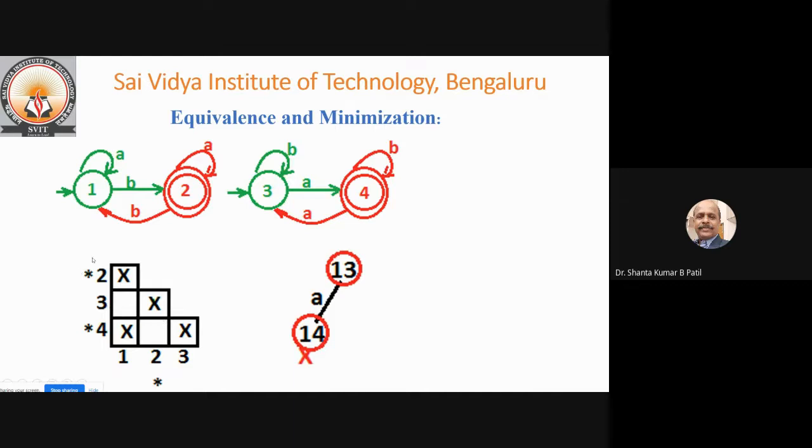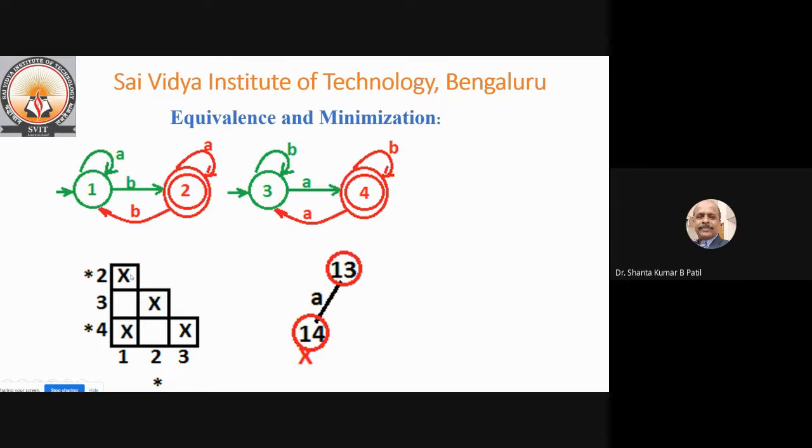It starts with the second state vertically and ends with the last state of the second finite automata, whereas horizontally, it starts with the first state and ends with the last but one.